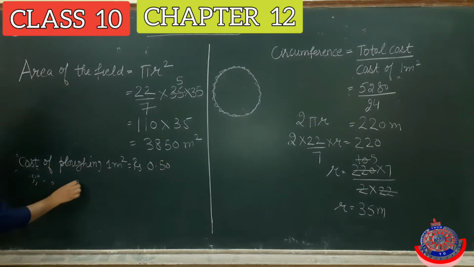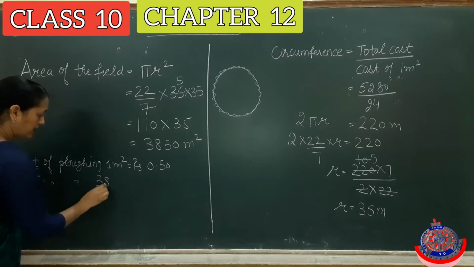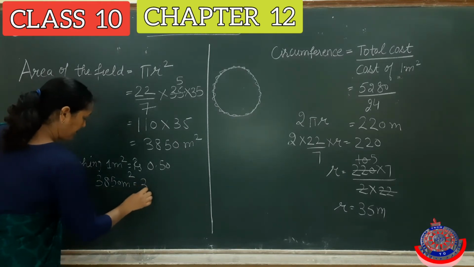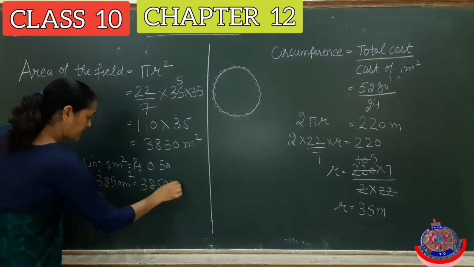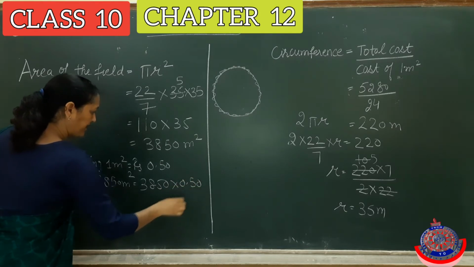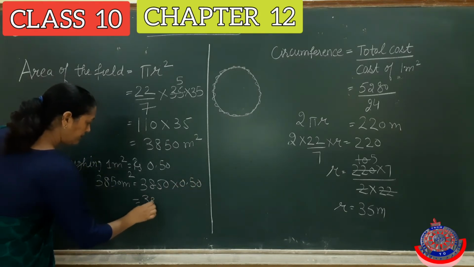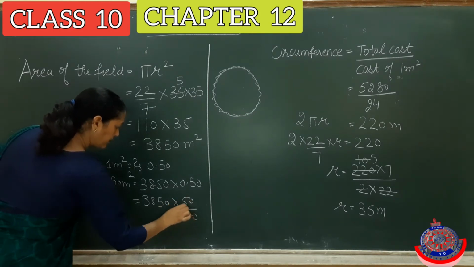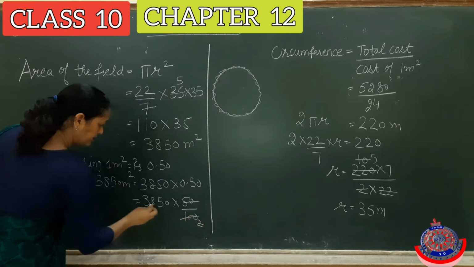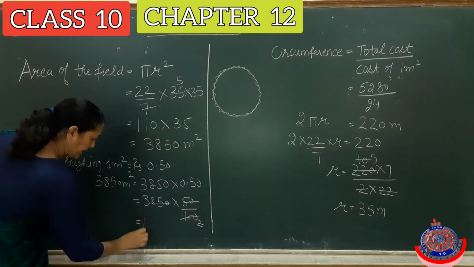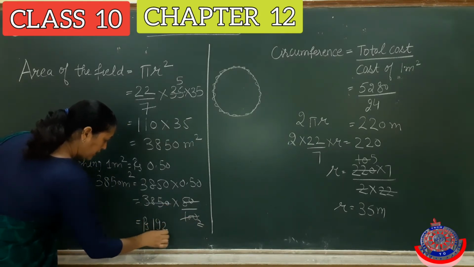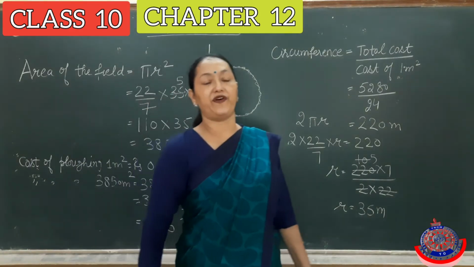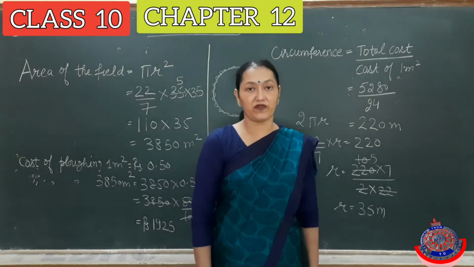Then cost of plowing 3850 meter square will be, if we multiply this value with 0.50, after division we will be getting the cost as rupees 1925 for plowing the total field.